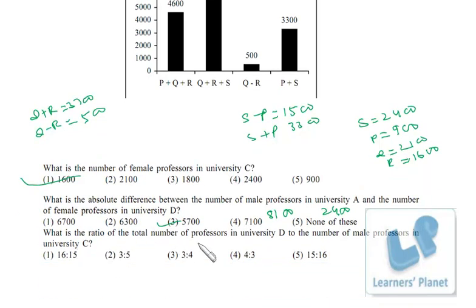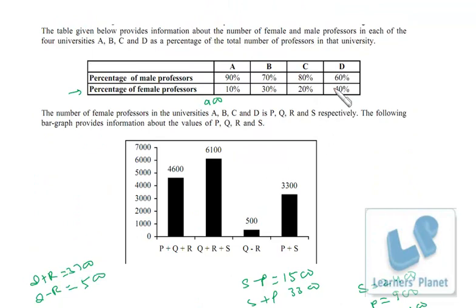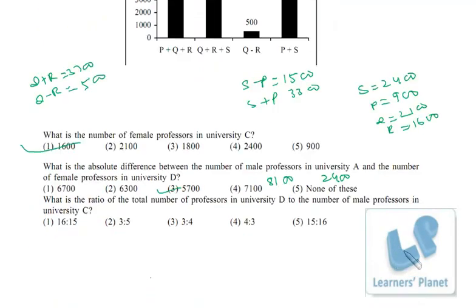What is the ratio of total number of professors in University D to the number of male professors in University C? So University D female professors is S, right? That is 2400. So this is 40%, this is 60%, so that is just 1.5 times. So 1.5 times of 2400 will be 3600, right? So male professors in University D is 3600 and female professors 2400, so total is 6000, right?